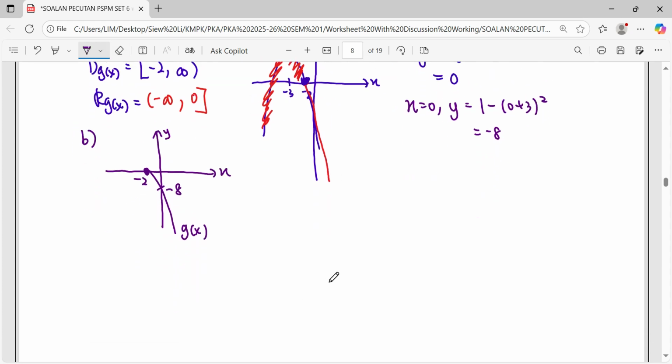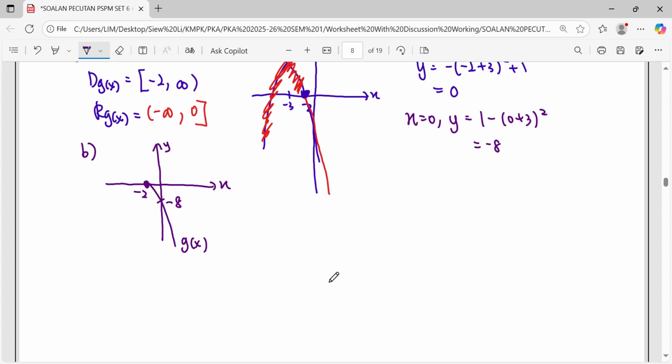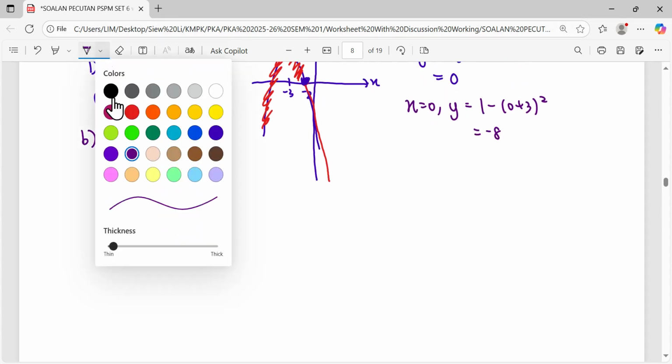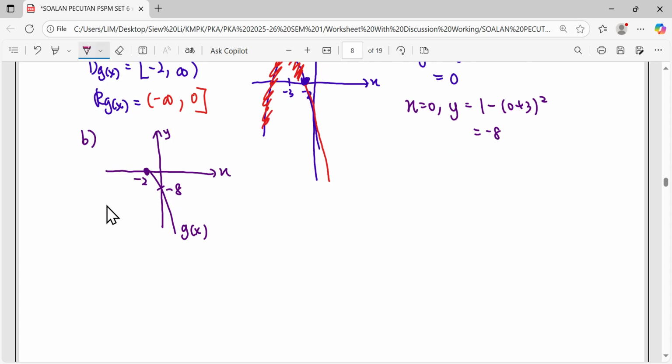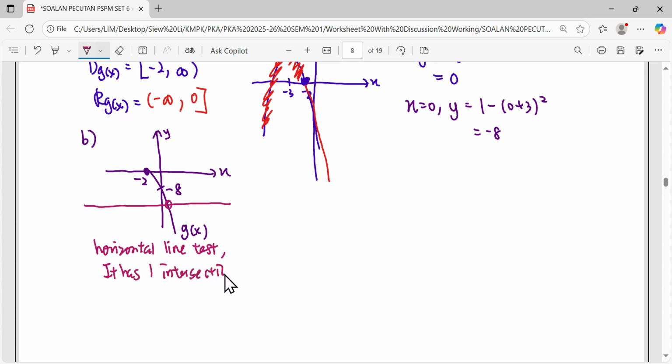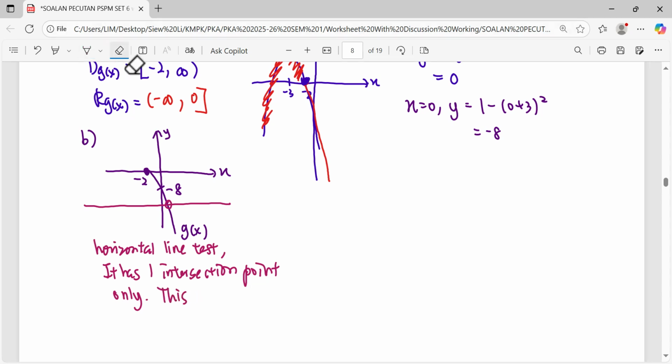It has to be a one-to-one function, right? So how to do one-to-one function graphically? Using horizontal line test. So draw a horizontal line. So from the horizontal line test, it has one intersection point only. Therefore, this is g(x), a one-to-one function.